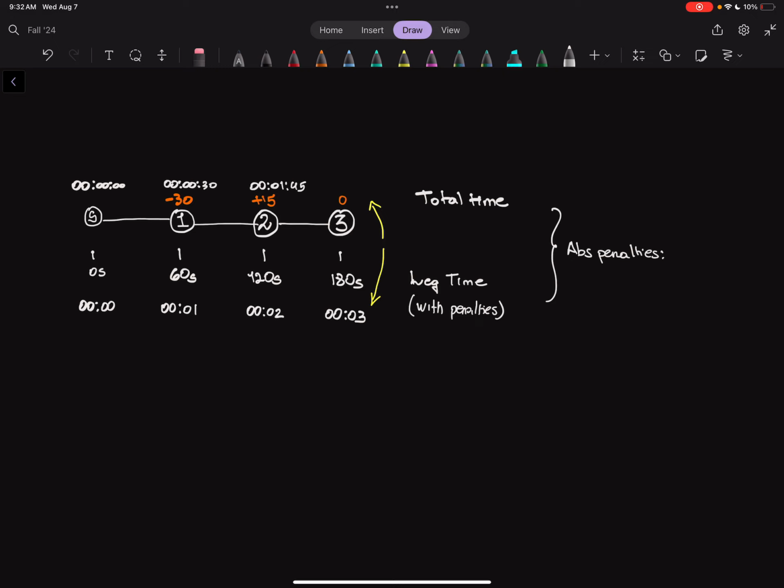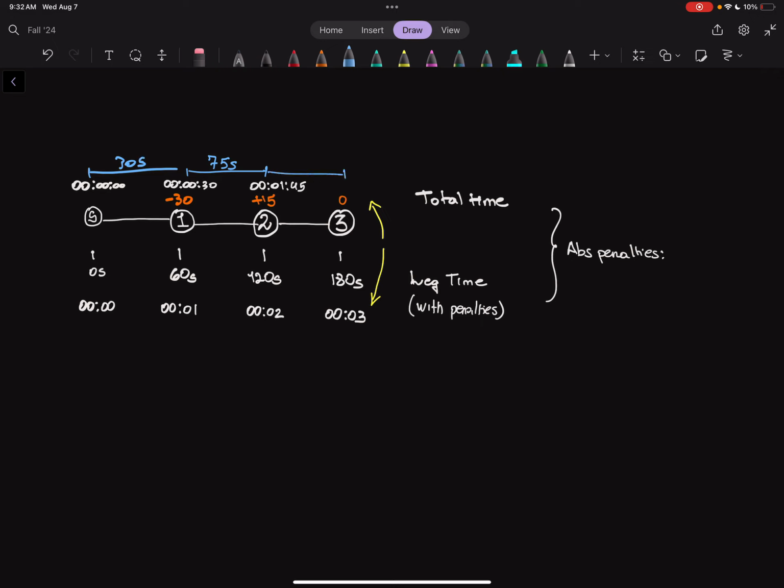To go from 30 seconds past midnight to 1 minute 45 seconds past midnight, how much is it? It's 30 plus another 45. So that's 1 minute and 15 seconds. So our leg here lasted 75 seconds, while this leg lasted 30 seconds.